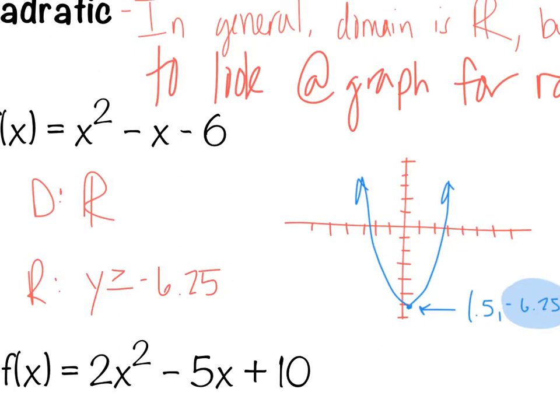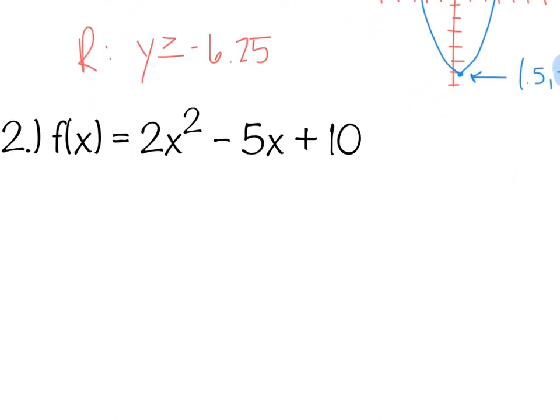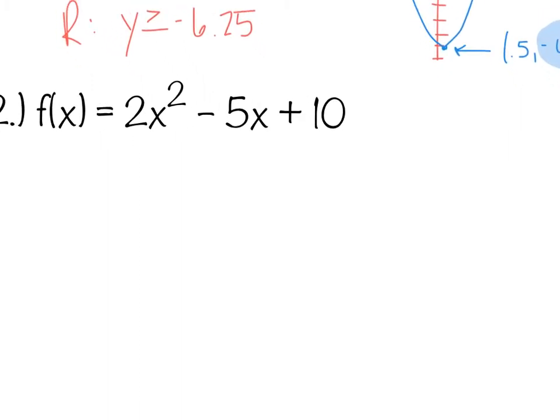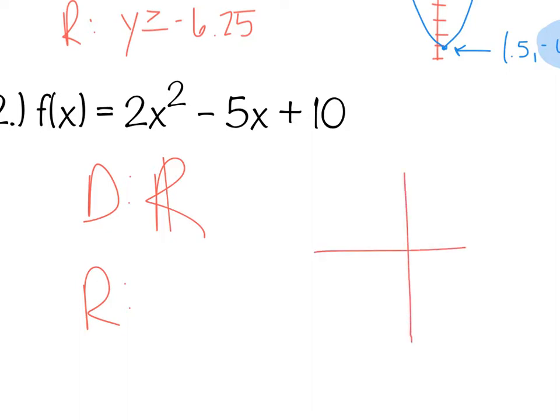Let's look at the second example. Once again, the domain, in general, is always going to be the same, all real numbers. But the range, we have to look at the graph. I'm going to do this a little bit quicker because you'll just see it on your graphing calculator.